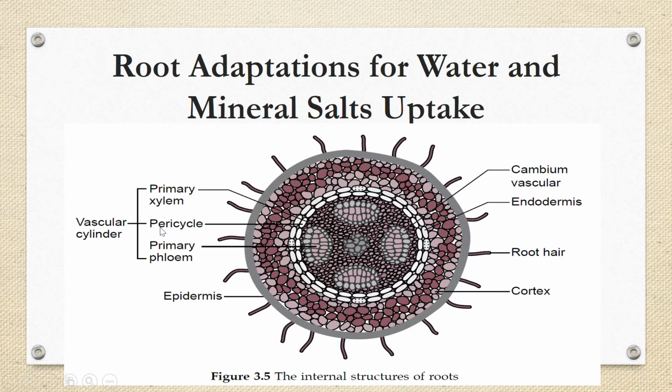Okay, this vascular cylinder consists of the primary xylem, pericycle, and the primary phloem. It is made up of these, the vascular cylinder, encapsulated over here.